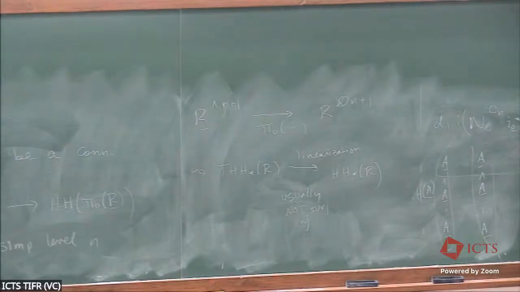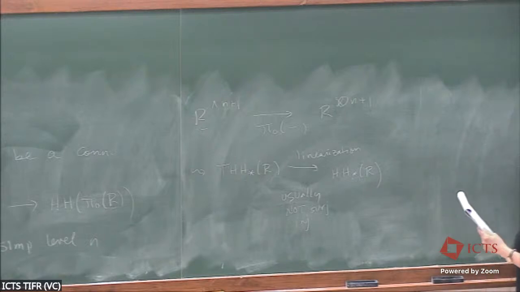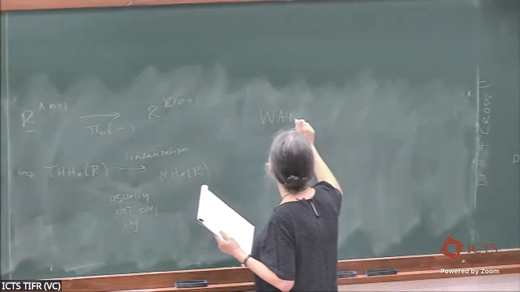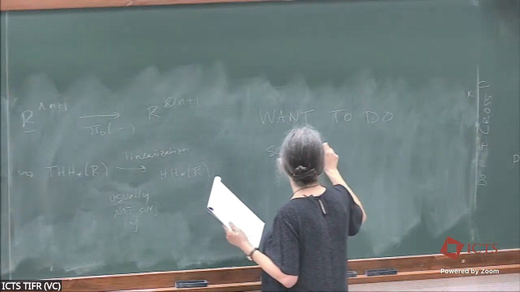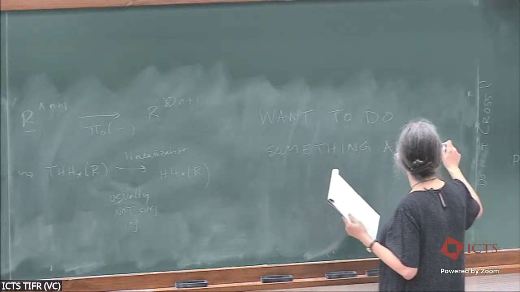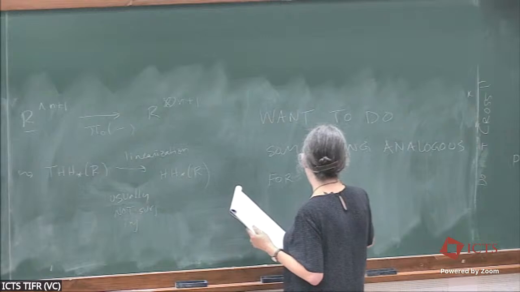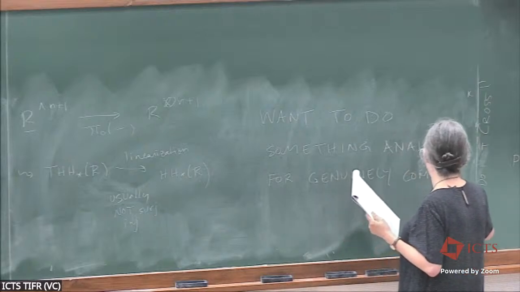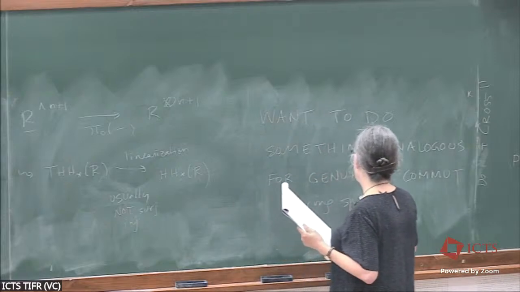So I want to do this. I want to do something analogous for genuinely commutative G ring spectra.